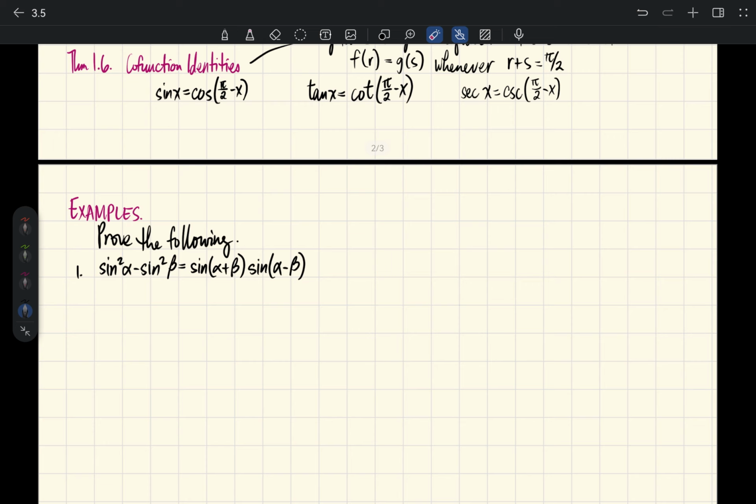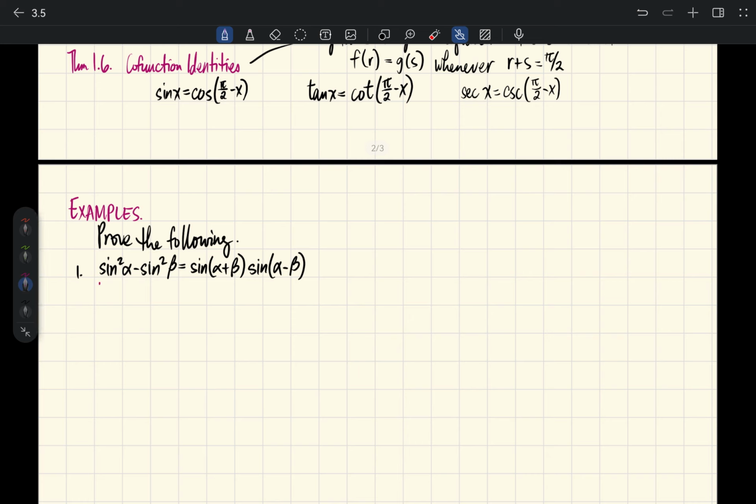In this case, I would like to start here since we have a lot of things that we can do. As you can see, you have a sine of the sum of two angles here and the sine of the difference of two angles here. So mas marami tayong magagamit na identities.